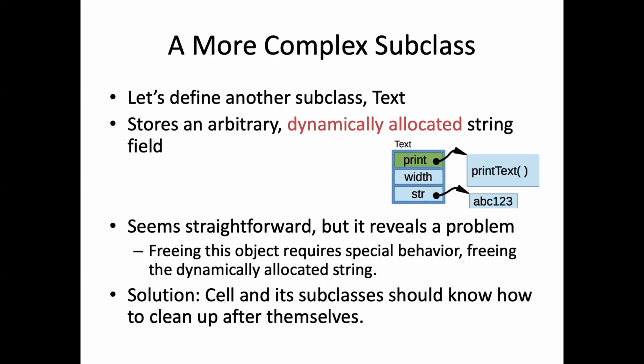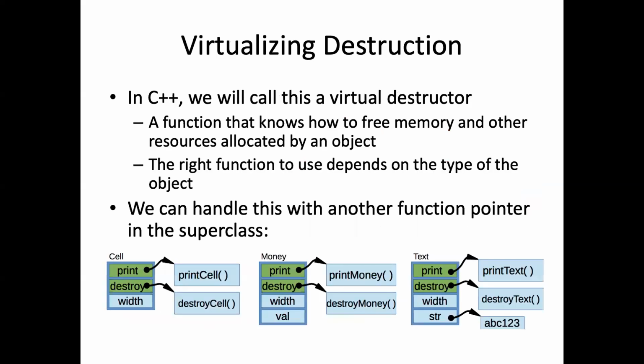So when it's time to free an object, we need something that behaves like the print function, like what C++ would call a virtual function. We need a way of freeing something that we can override so that subclasses can free their memory the right way for that subclass. This is nothing new, although it gives us a new term.